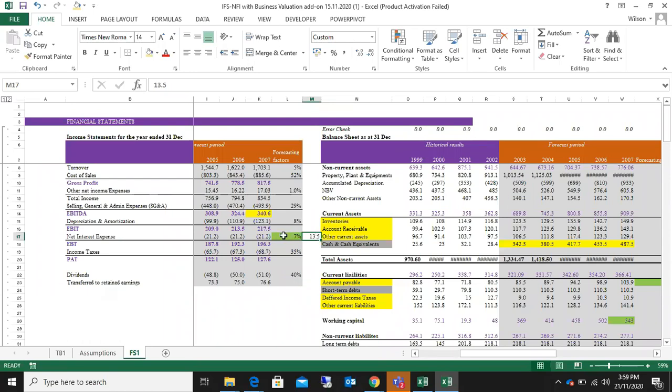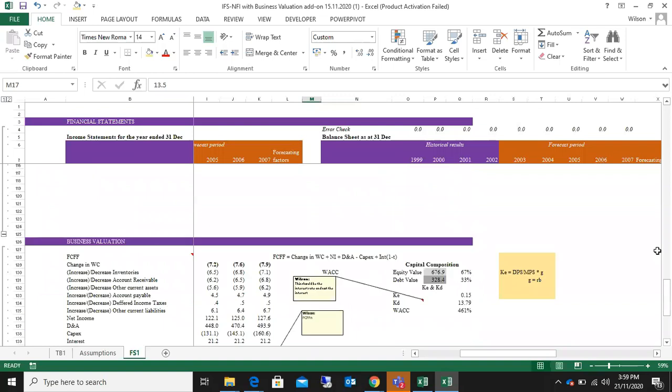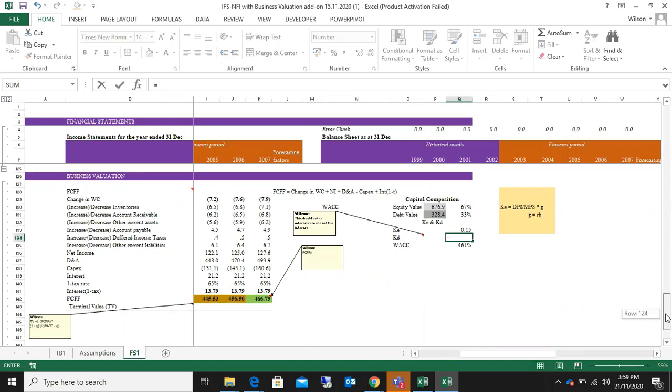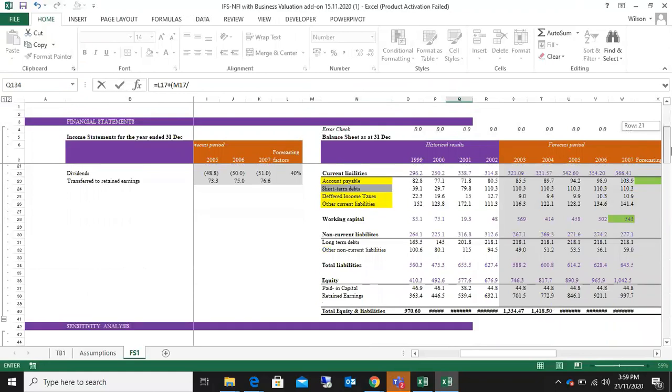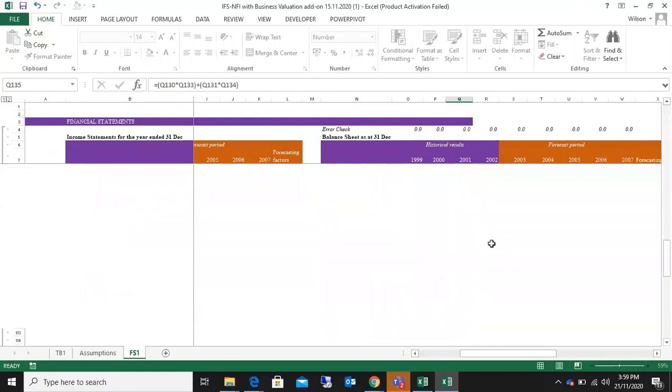So for the rate for long-term debt, we're going to say equals the rate for short-term debt, 7%, plus, we'll open a bracket, the 13.5 we have here divided by long-term debt in 2002, which is 218.1. Then we close, then enter.